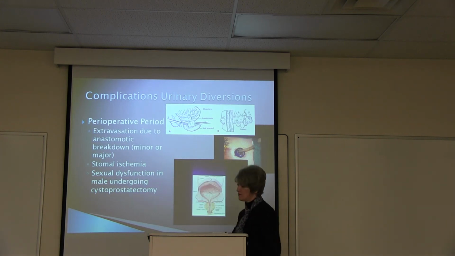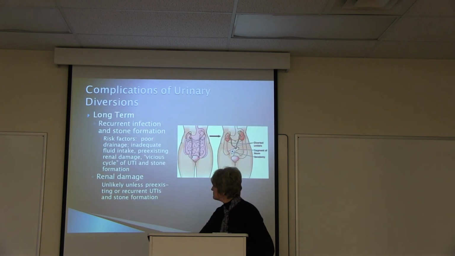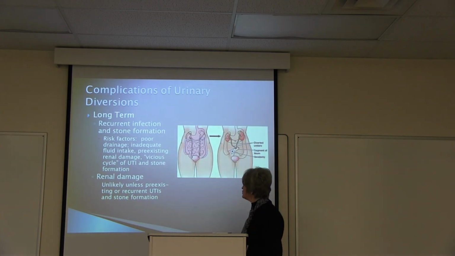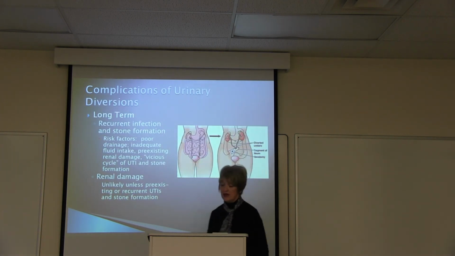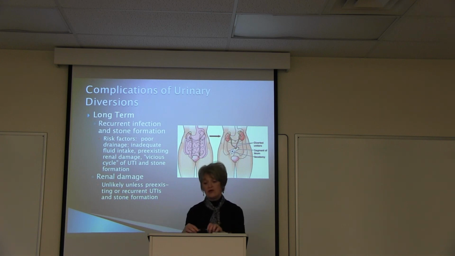So those are the most common short-term complications. What about long-term complications? The most common long-term complications are either recurrent infection and stone formation or renal damage. Actually, most adults do very well with urinary diversion.